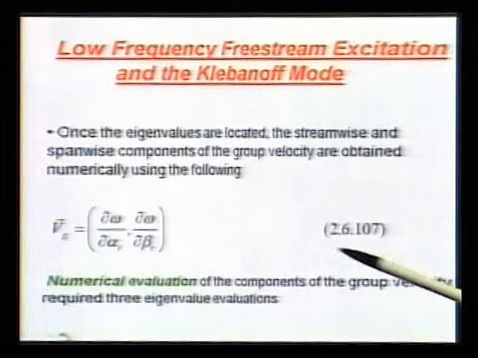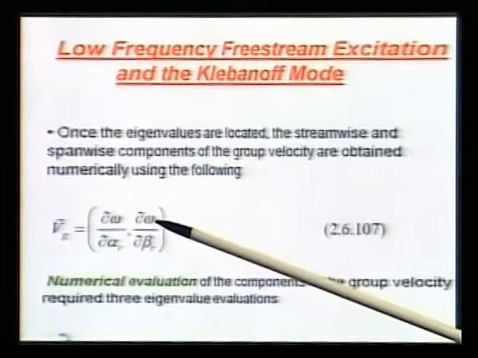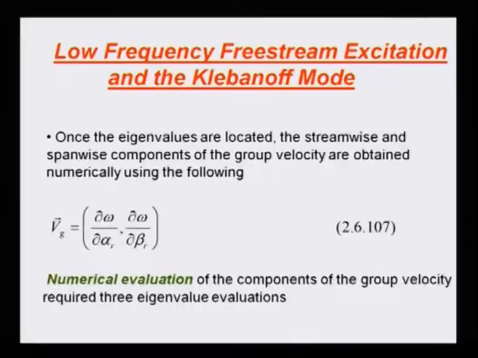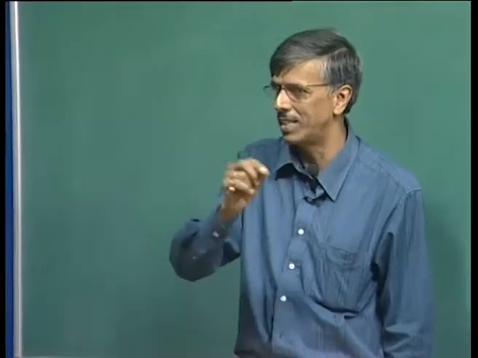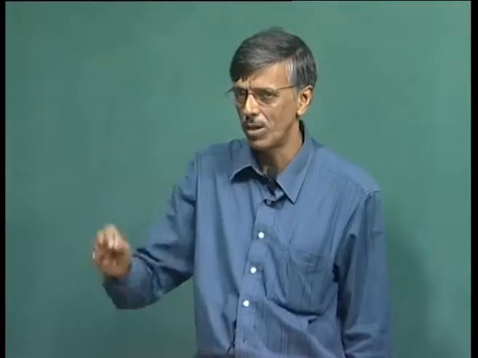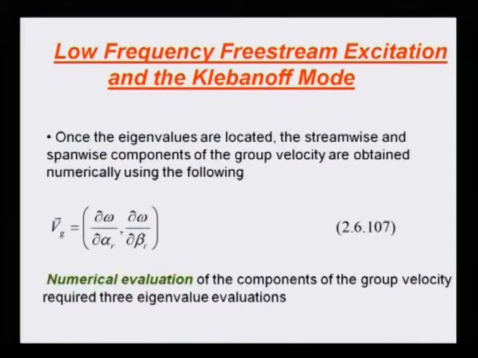The first one gives you the disturbance propagation in the streamwise direction, and this is the cross flow direction. So you can calculate this. You basically need 3 eigenvalue evaluations. I can do omega naught plus d omega, omega naught plus 2 d omega, and calculate this. So we can make use of that and evaluate this group velocity.